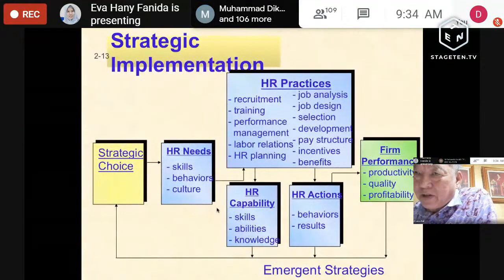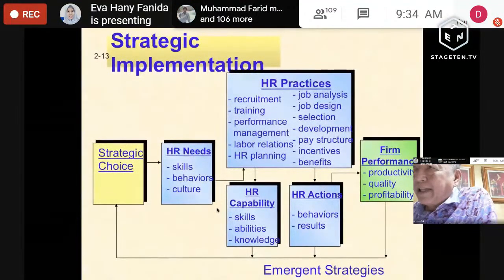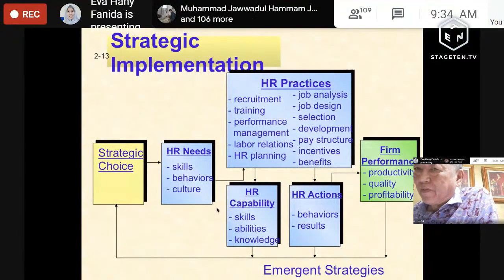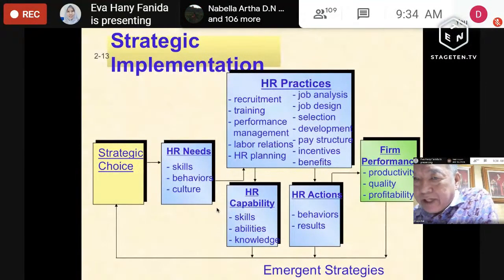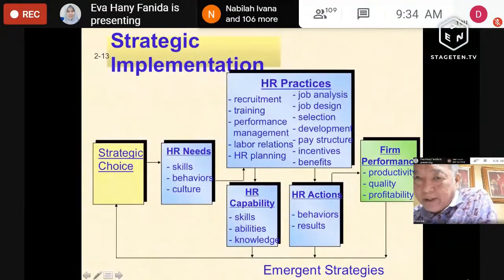It means that now we are going to implement the organization strategy by HR function. So the first element, how many boxes are in this scheme? Six boxes. That's right.